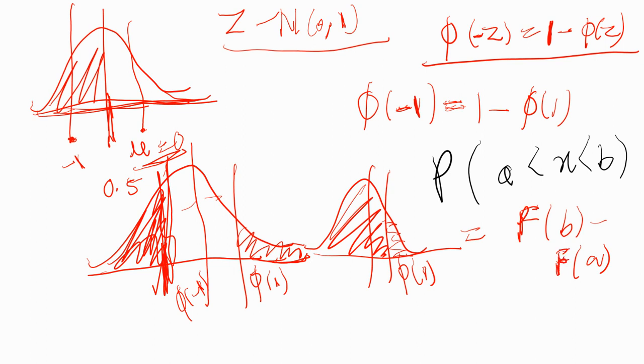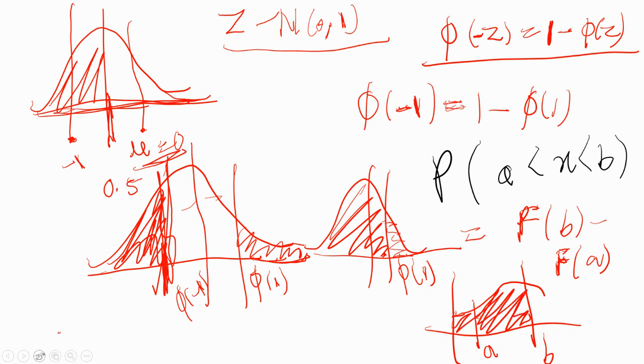If you see it from the plot, say we have a curve like this, and this is a, this is b. The probability of x being between a and b is basically the area between a and b. This is what we want to find. So what is F of b? F of b is this, and if you cut this portion, which is F of a, we will be left with the probability between a and b.